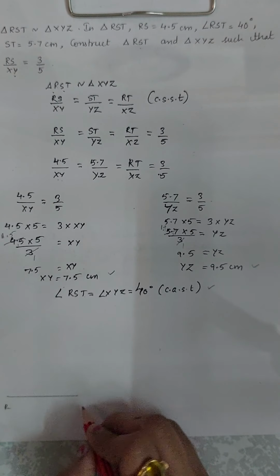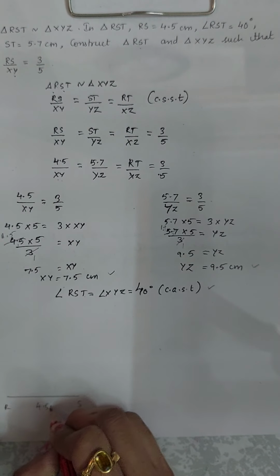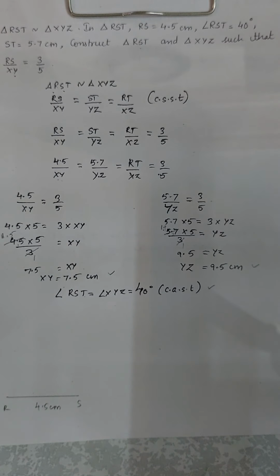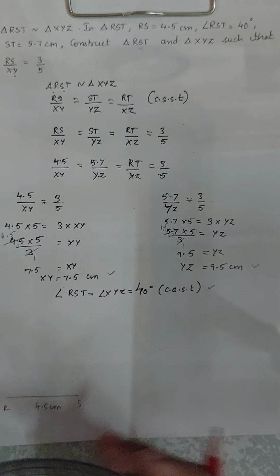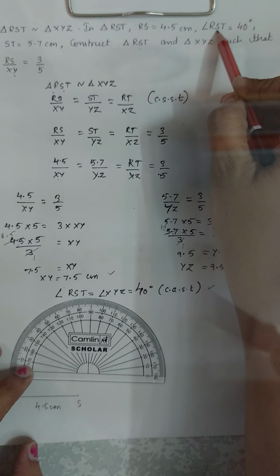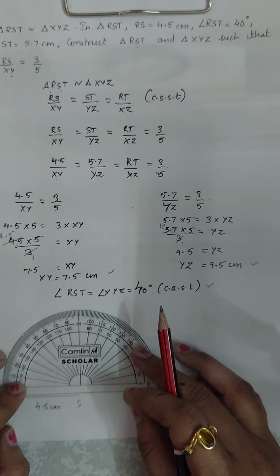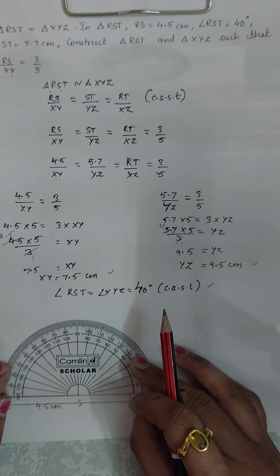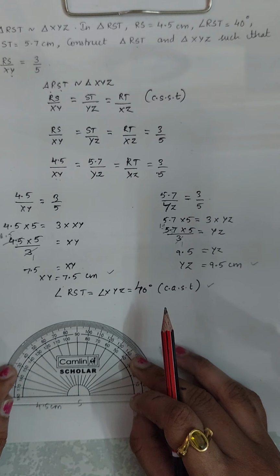Angle R, yes, 4.5 centimeter. Then RST is 40 degrees. So I have this protractor, and what is the middle one angle vertex? It is S. So we are going to place this protractor on S. See to it that the lines are properly coinciding, and then we are going to take 40 degrees.